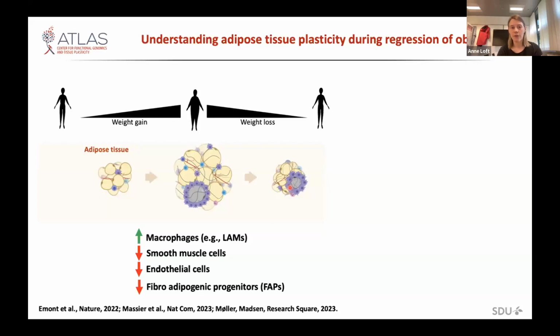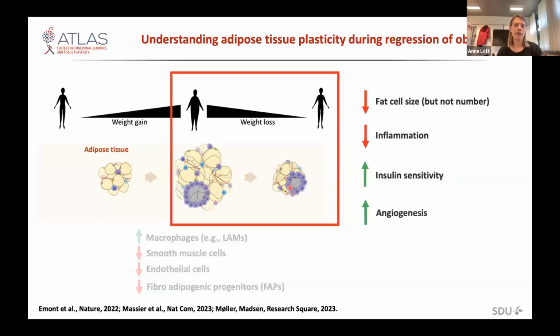For example, the fraction of macrophages, and especially the lipid-associated macrophages, increases, whereas the smooth muscle cells, the endothelial cells, and also these fibroadipogenic progenitor cells, or FAPs for short, go down, which likely reflects that the capability of the adipose tissue to perform adipogenesis and angiogenesis decreases in obesity.